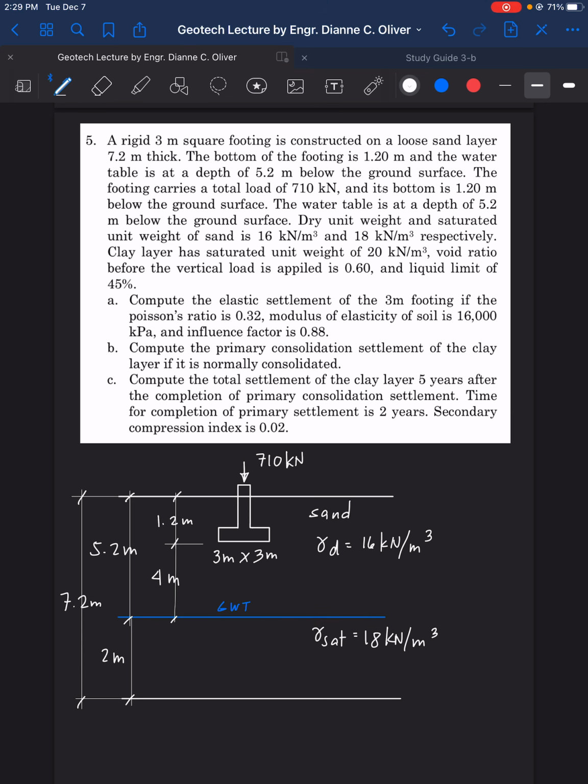And then we have a clay layer here. Oh, okay. So this time I'm the one who forgot to put the thickness of the clay layer. Okay.